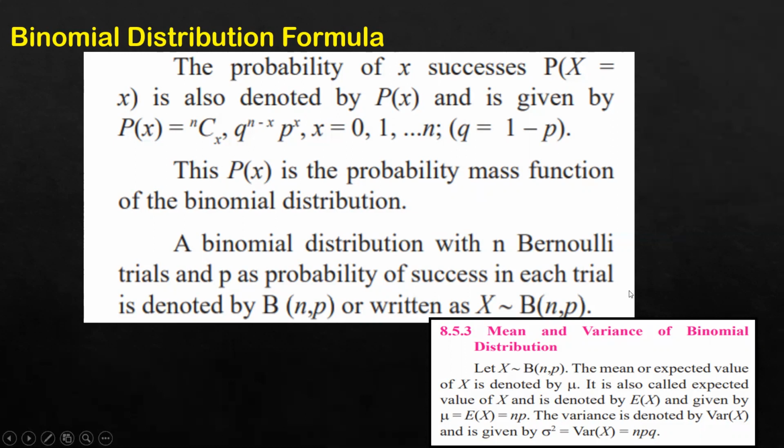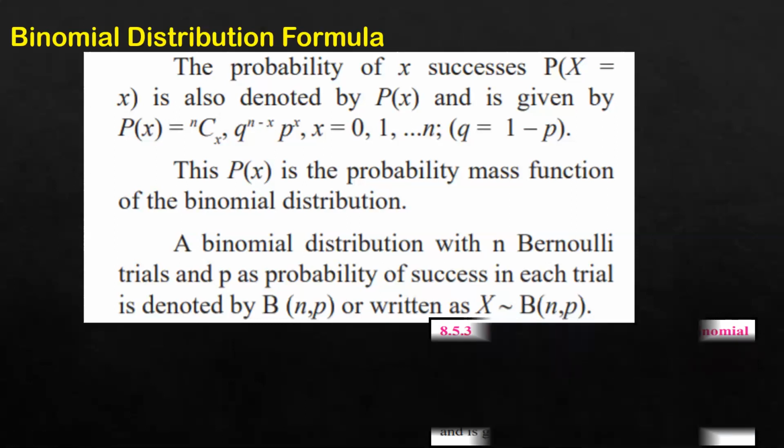It is also called the expected value of X and is denoted by E of X. The formula of E of X for binomial distribution is given as mu is equal to E of X is equal to n multiplied by p. Similarly, the variance is denoted by V of X or sigma square or standard deviation square and is given by n into p into q.